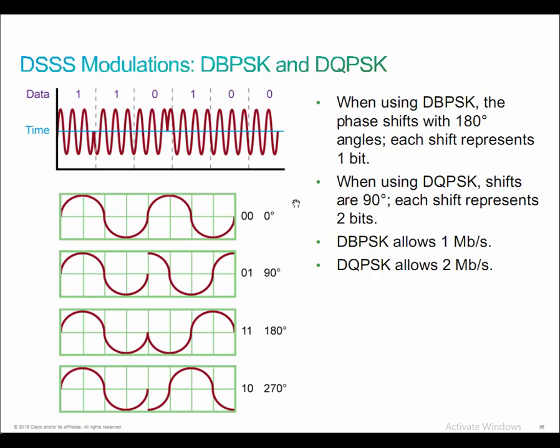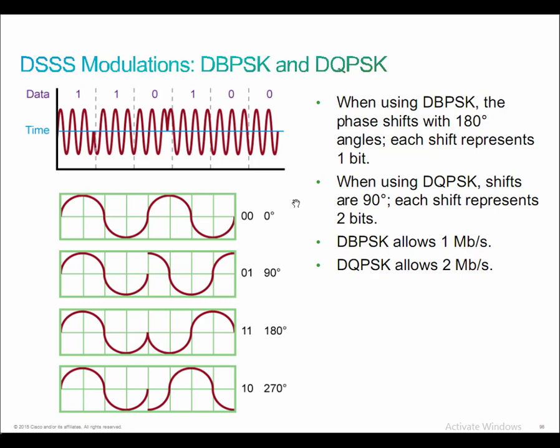That's not the chipping sequence, that's the actual bits that I'm trying to transmit. I'm going to break that up into groups of 2 bits together. So the 11 goes together, the 00 goes together, the 10 goes together, and so on. And you can see here on the slide, they've got the 00 represented at the top, the 01 is the second, the 11 is the third, and the 10 is the fourth, which are all the possible combinations that you're going to see for a 2-bit sequence.